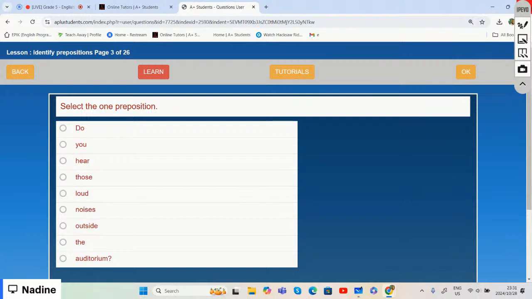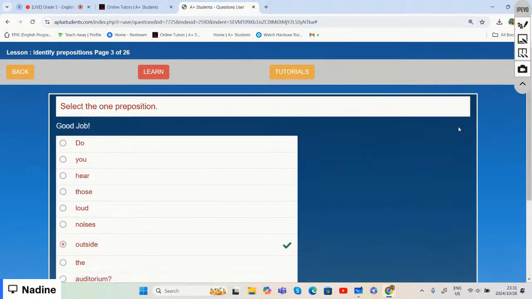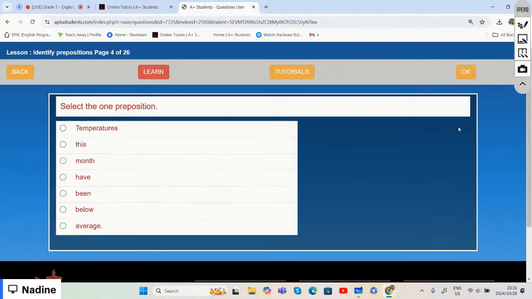If we were to select a preposition, do you hear those loud noises outside the auditorium? Then we're going to say outside, which is number seven. Option seven is our preposition.